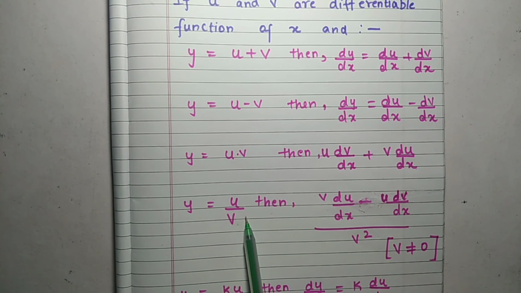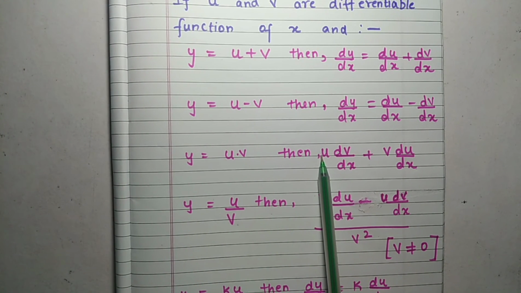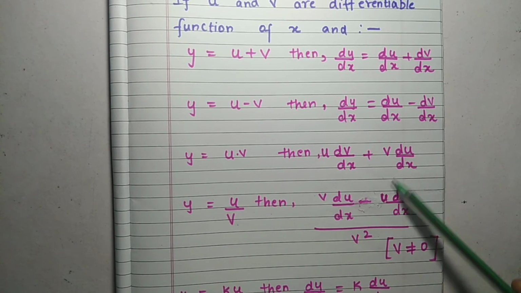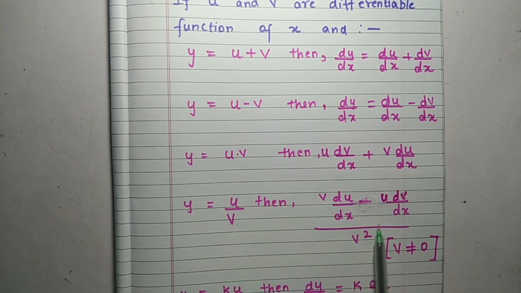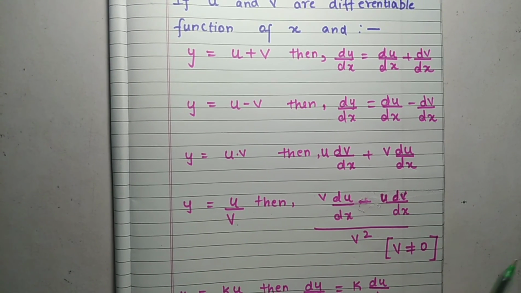In terms of multiplication, we keep the first function outside, and in terms of division, we keep the second function outside first. Remember the difference between both. Now note that while differentiating a division, v should not be equal to 0. Please note that.